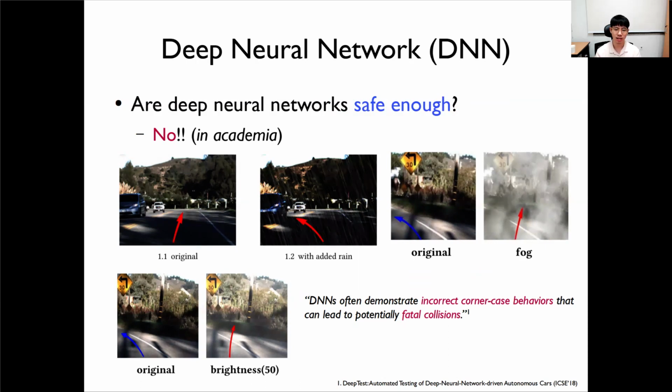And DeepTest, as well as many research works in academia, in particular in software engineering, are reporting that DNNs are still unstable and dangerous.